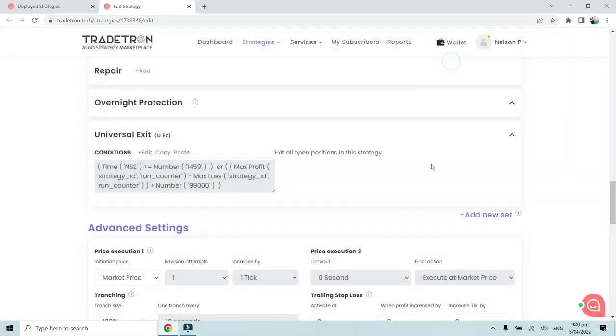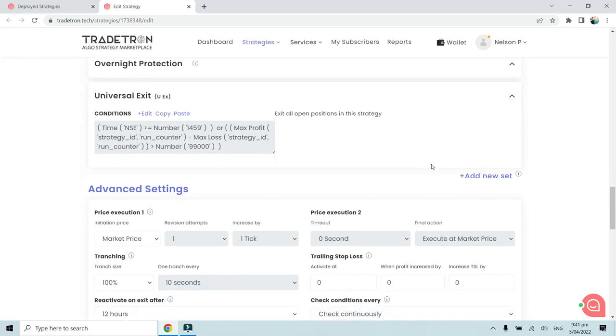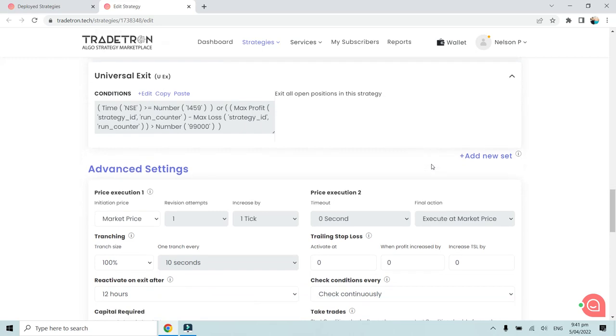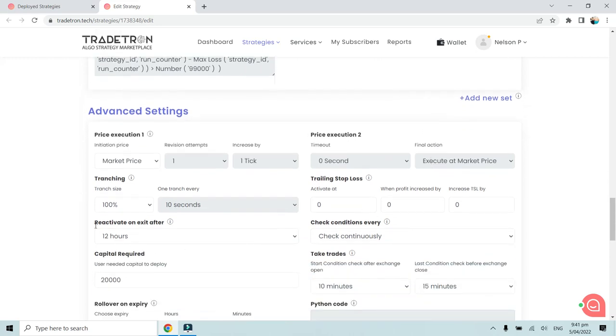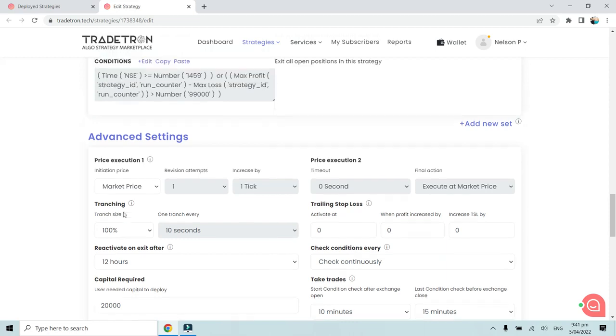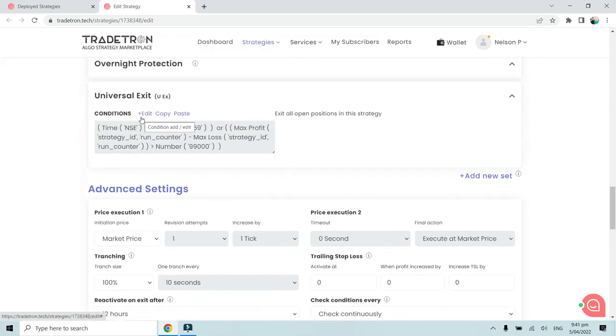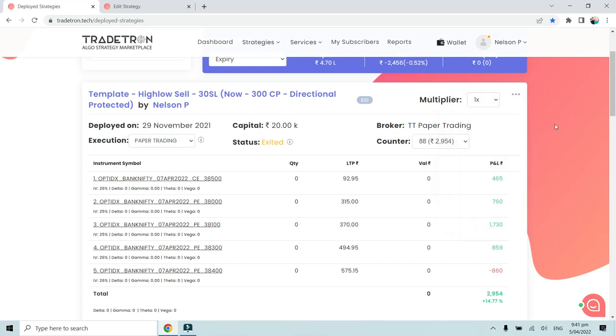Once the strategy universally exits, that is when the cycle of the strategy will be complete and that particular counter will be complete. Also, one thing to remember is the reactivate on exit after time. If you have set it for, say, 2 minutes, then whenever your strategy exits and you are taking multiple entries during the day, there will automatically be multiple counters during the day.